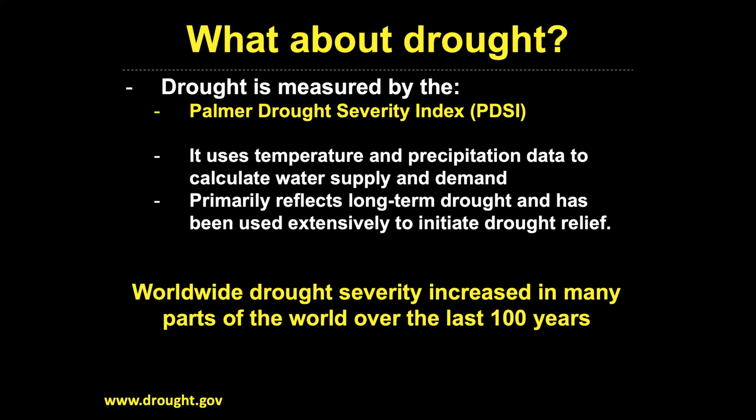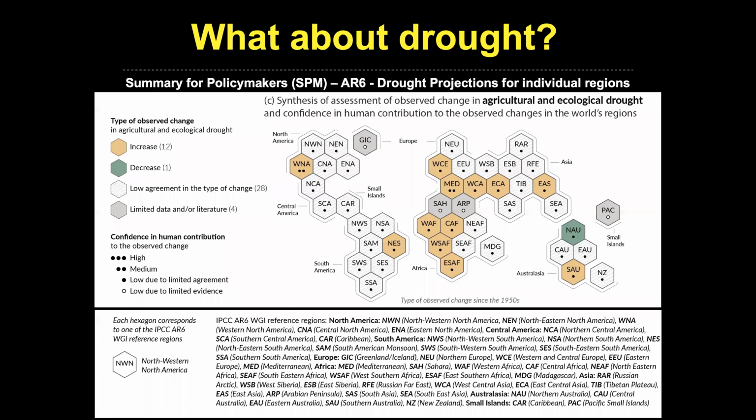But drought has a significant impact, of course, on agriculture. And here's the example from AR6 using the same mapping scheme of using these little shapes for areas of the world. Notice how there are a lot more of these with low agreement. So this is less well understood compared to basic precipitation.